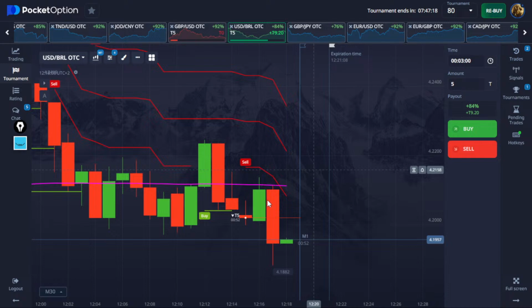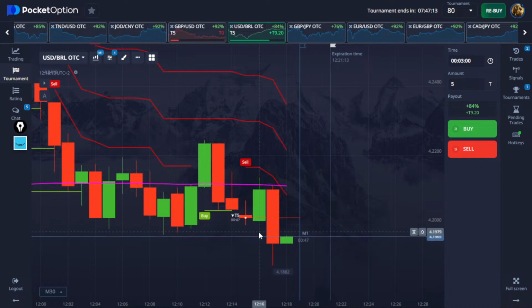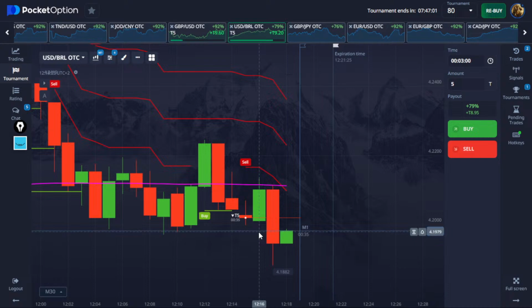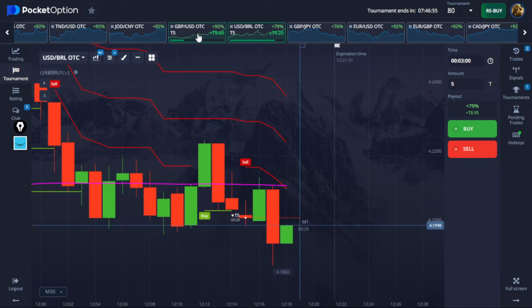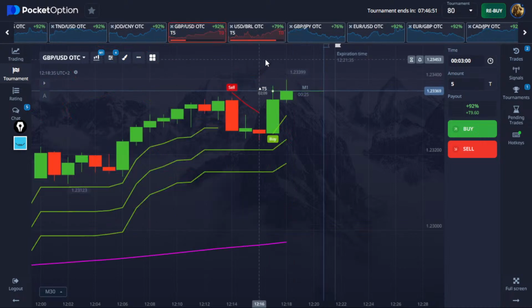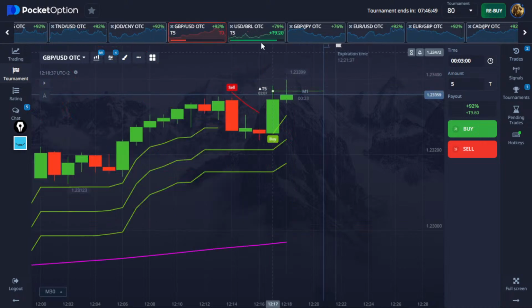One minute left on this one. It's gonna be a win most probably. Come on. This is also going beautifully fine. It's rejecting a little bit, no problem.